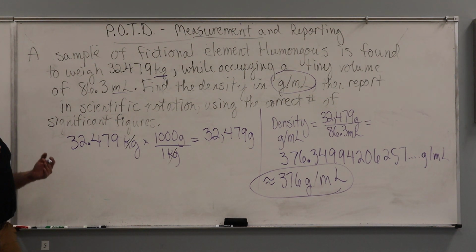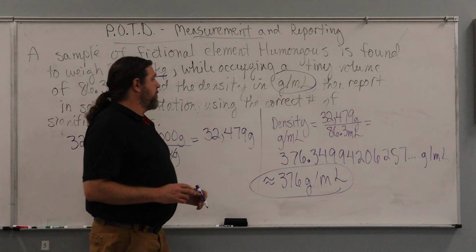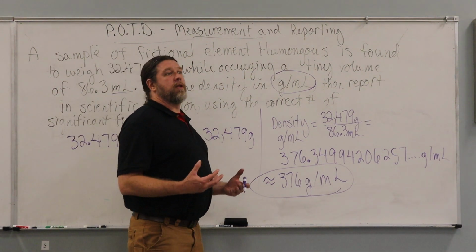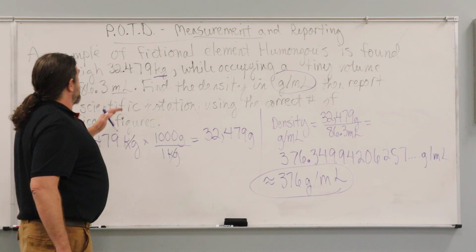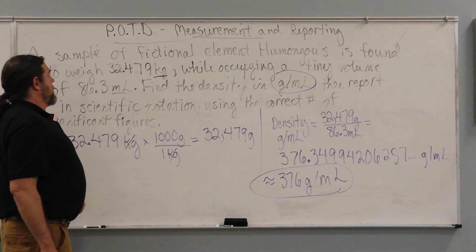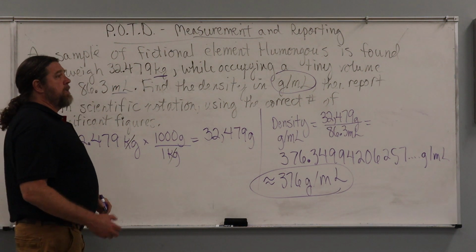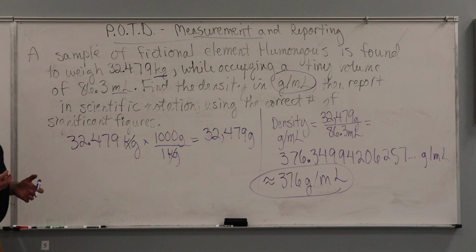That makes no sense. So we need to round to the levels that reflect the levels of measurement. We have 5 significant figures here, and then here we have only 3. So we have to reflect that.